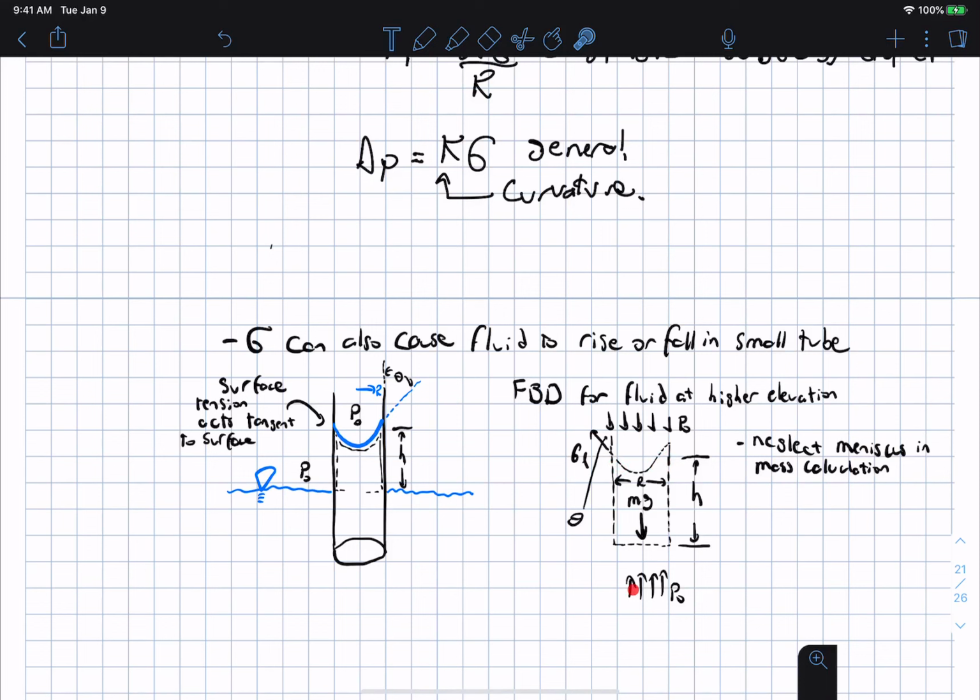But these pressure forces acting up and down are balanced by the weight of the water in this little piece that is lifted higher, and also the surface tension, which acts in the direction of the surface. Okay, and so we have a surface tension acting in this direction, and that's given by sigma times L. And this is a circular tube of radius r.